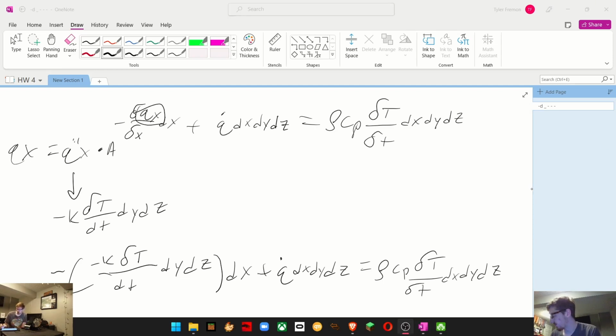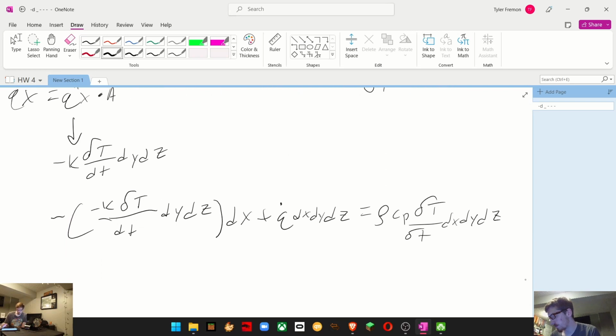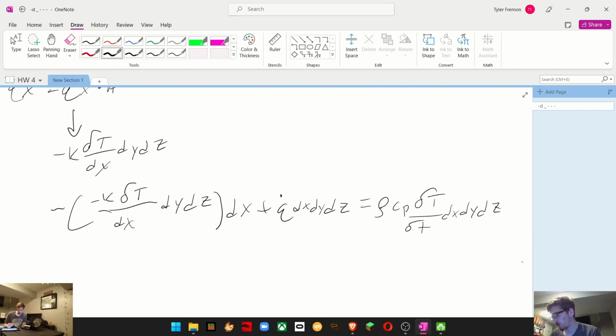And sorry, I actually made two errors there. Instead of with respect to time, we're looking at with respect to position. And then I also did forget to rewrite the differential over the difference in position.